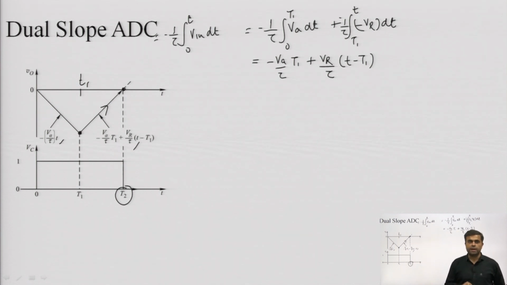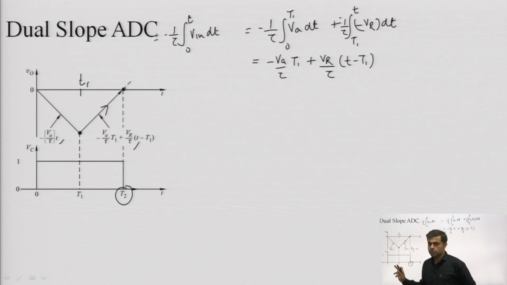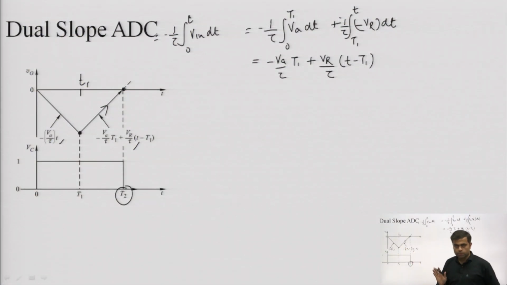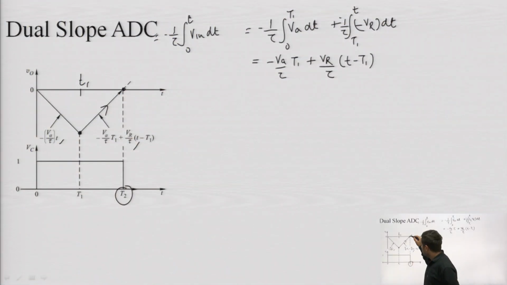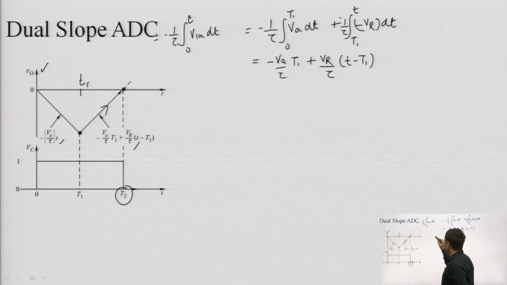At time t2 this negative going pulse, which started moving towards the positive direction, has finally reached the 0 point. So after reaching this 0 point, this voltage V naught is equal to 0. We have to write V naught is equal to this formula.